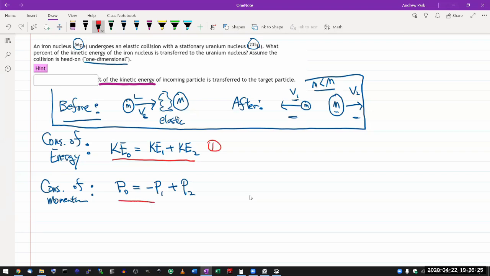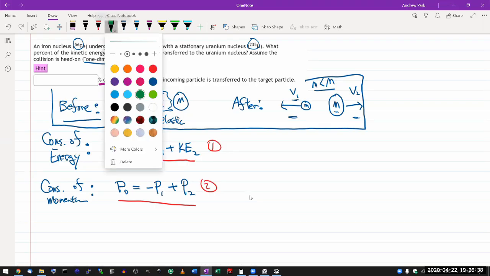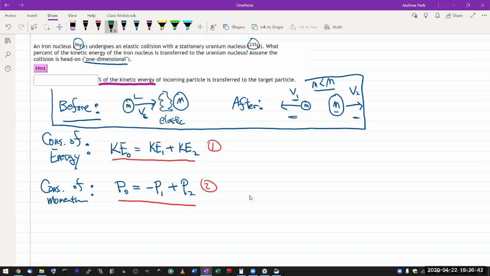I have equation 2, which is in terms of momenta, and that's not very helpful. So this is where you have to remember the relationship between momentum and kinetic energy. You should remember that kinetic energy, which you can express as 1/2 mv squared, can actually be expressed in terms of momentum as momentum squared over 2m.